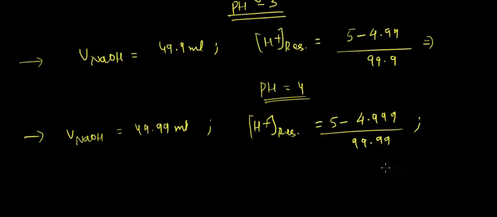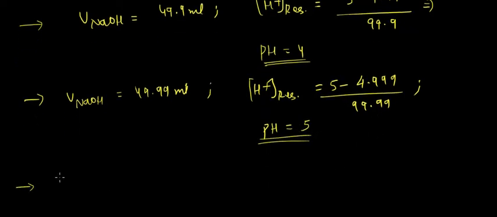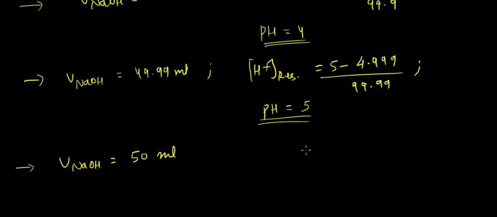So pH of the solution would be 5, and we keep on increasing volume of NaOH very minutely. So now let's suppose we have 50 ml solution. So pH in this case would be 7.